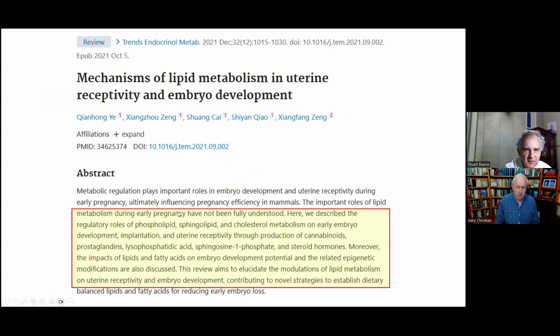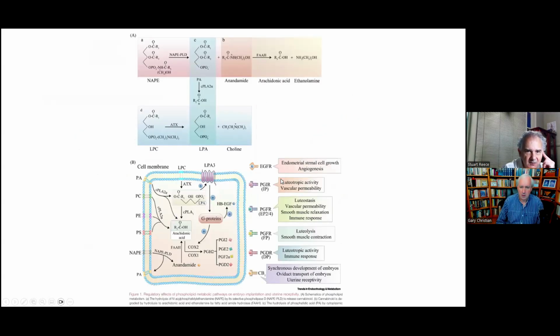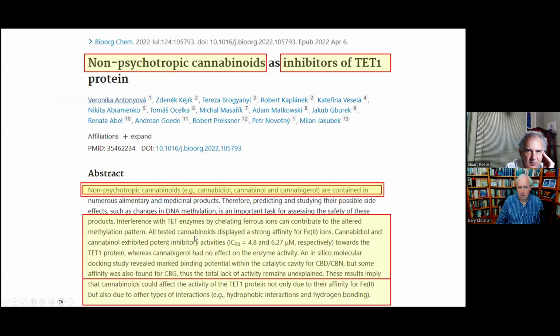It's not just cannabinoids, it's phospholipids, sphingolipids, cholesterol metabolism, which are all related to the endocannabinoid system, which control all these things. It's a very delicately controlled process. And here we've got mitochondria and cholesterol and all the different interacting parts which make the female reproductive tract work.